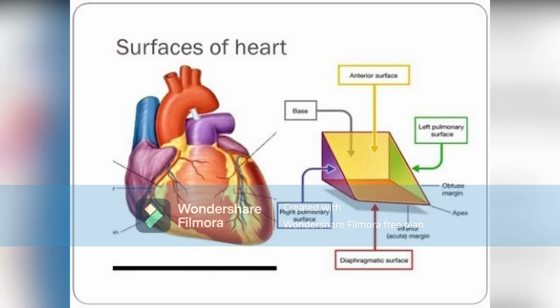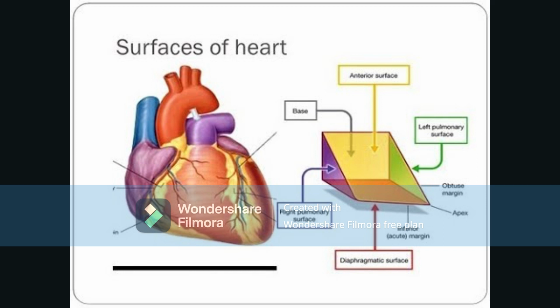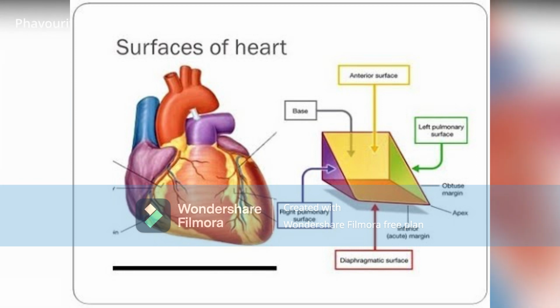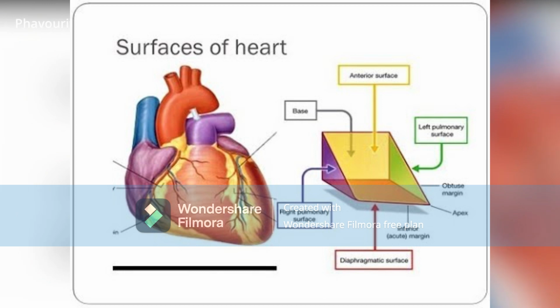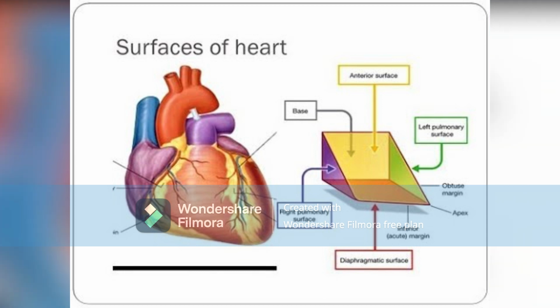While the right pulmonary surface is formed mainly by the right atrium, the left pulmonary surface is formed mainly by the left ventricle.